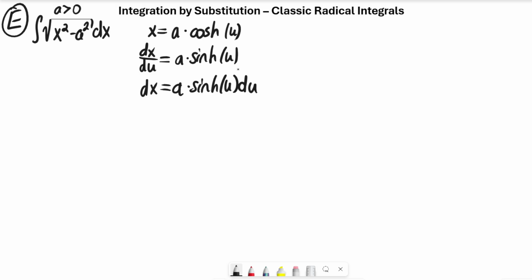So this is slightly different, as I already mentioned, because we make it now more complicated. So x squared is a squared hyperbolic cosine squared of u. So you see now this new variable is inside.